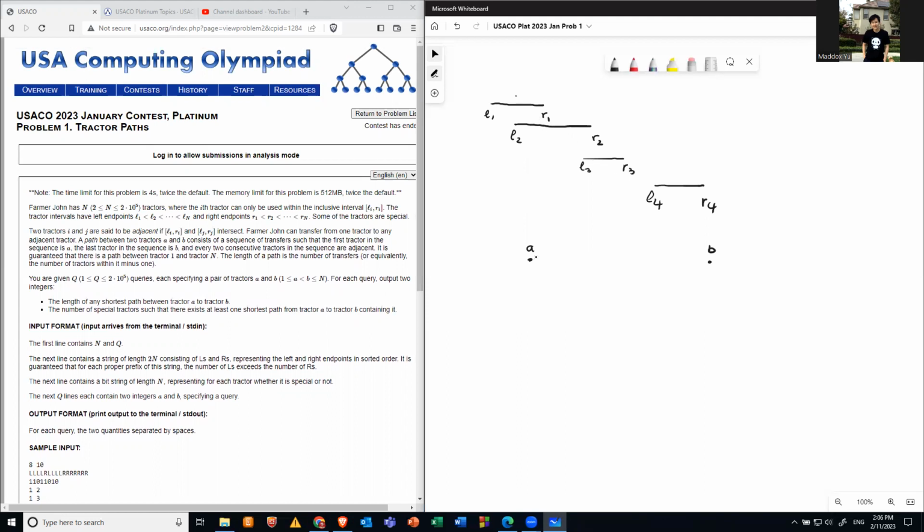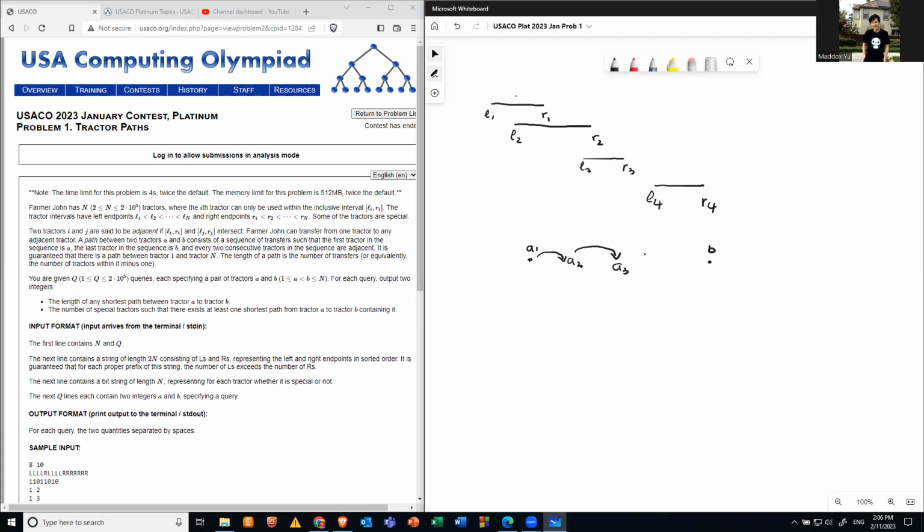So let's call the furthest tractor you can go to while still connected A1. Then from A1, say the furthest you can go is A2, and from A2, the furthest is A3.